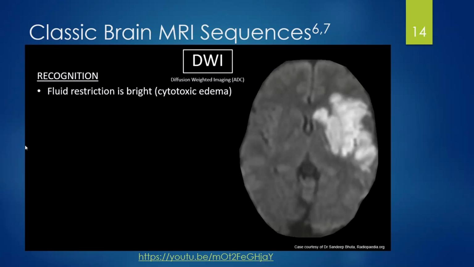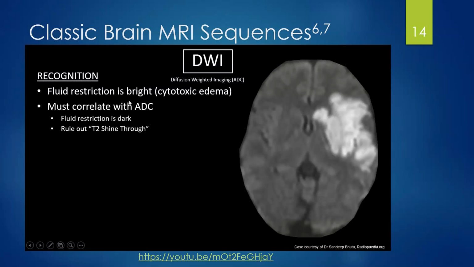And because of the swelling, the extracellular space starts to shrink, and that gives our theoretical water molecules diffusing around in that space less space to move around. And so we would say they're restricted. So when we see an image like this, we have an area here of hyperintensity, which is indicative of fluid restriction, secondary to cytotoxic edema, secondary to a likely ischemic stroke.